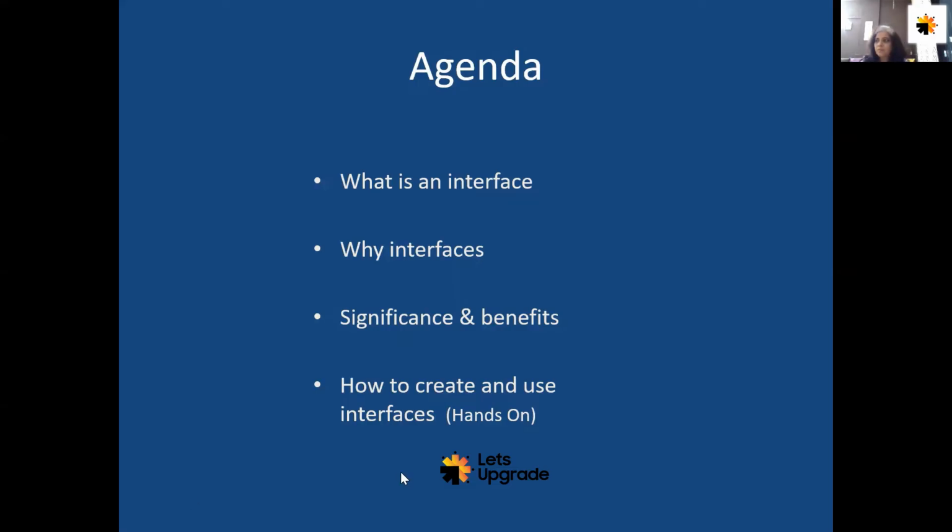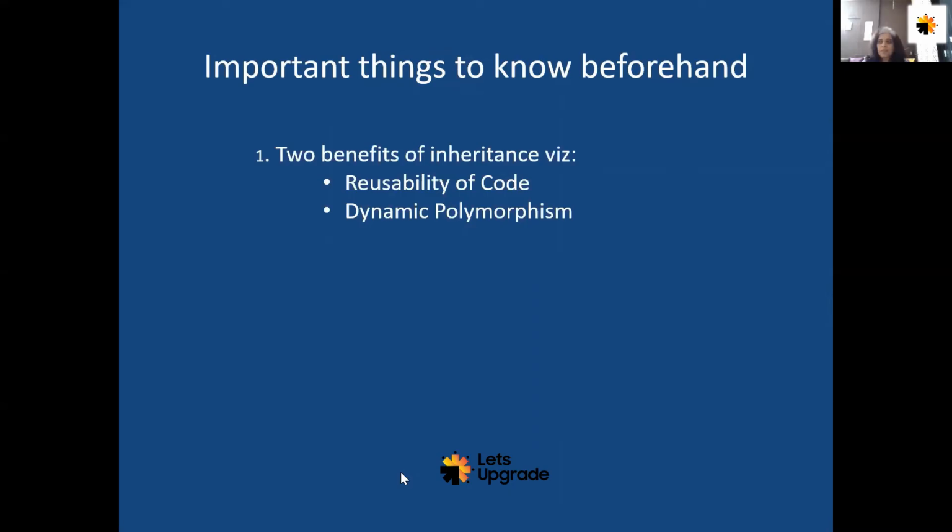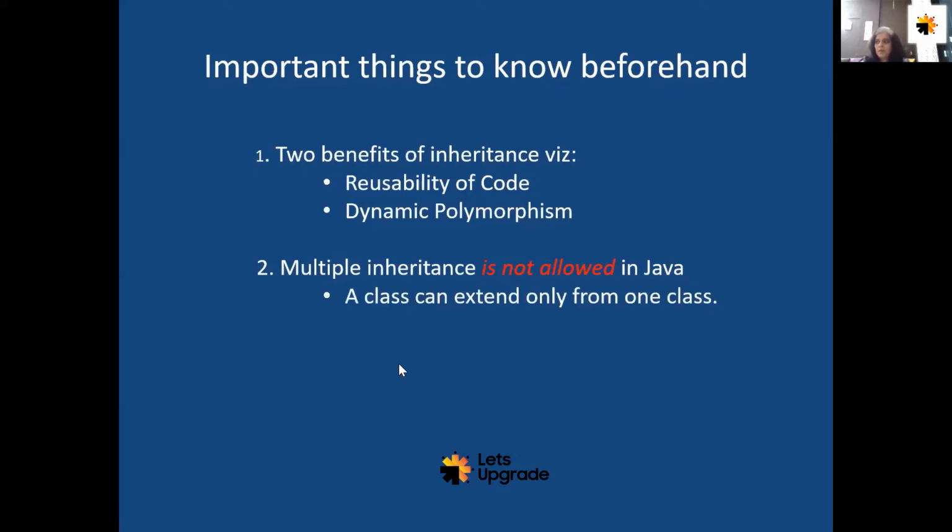Like the important benefits of inheritance: reusability of code, and dynamic polymorphism. Then another important point to note is that multiple inheritance is not allowed in Java. A class can extend only from one class, right?